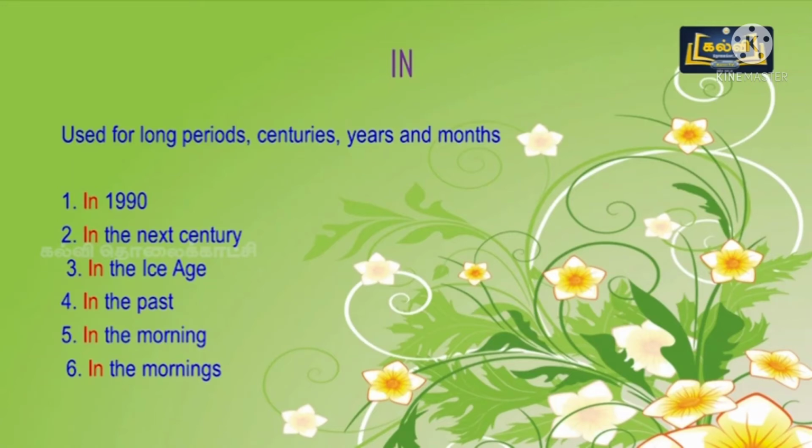So, you need not confuse anything, understand it clearly. Few more examples for these things. In 1990, in the next century, in the ice age, in the past, in the morning, in the mornings. You should understand the difference between morning and mornings. Morning means a particular morning. Mornings means a few mornings.